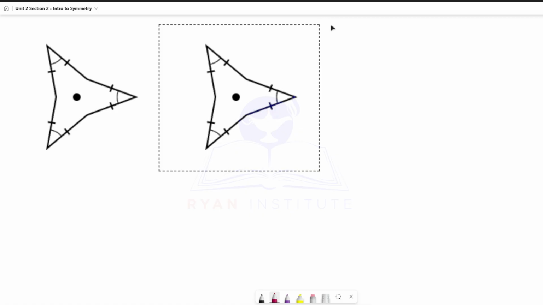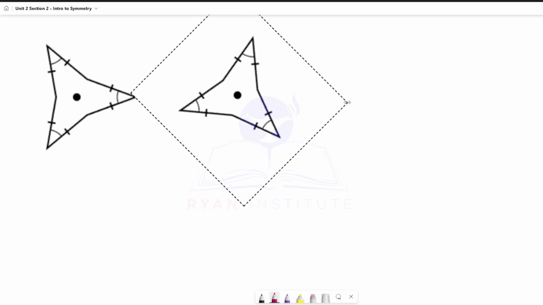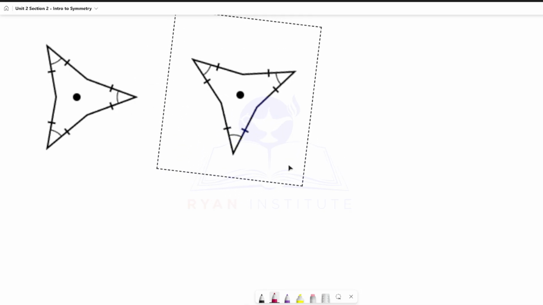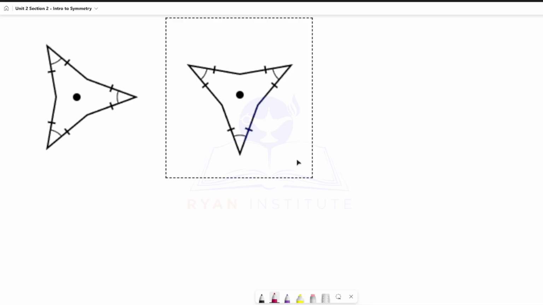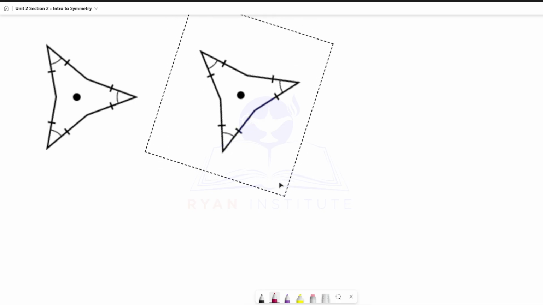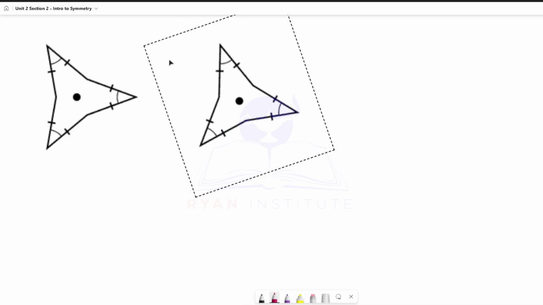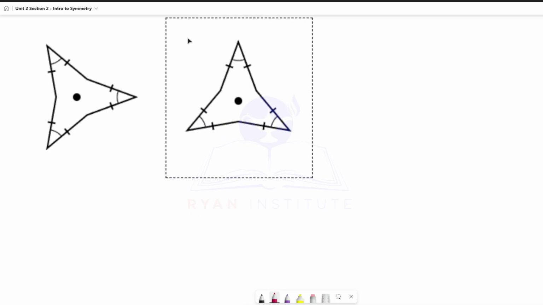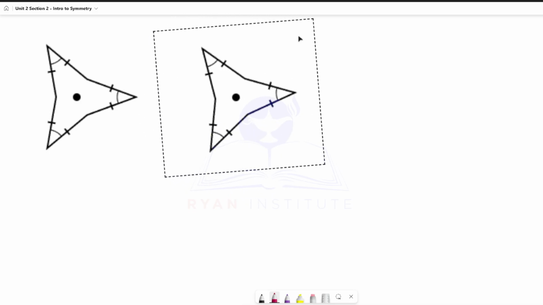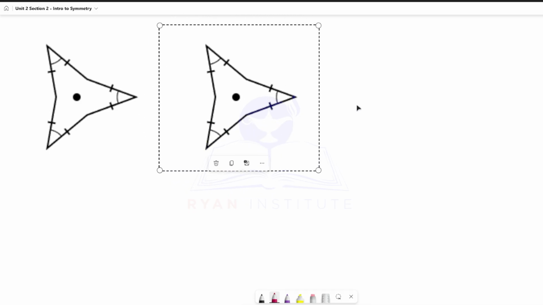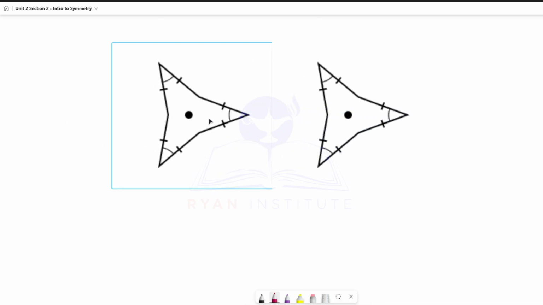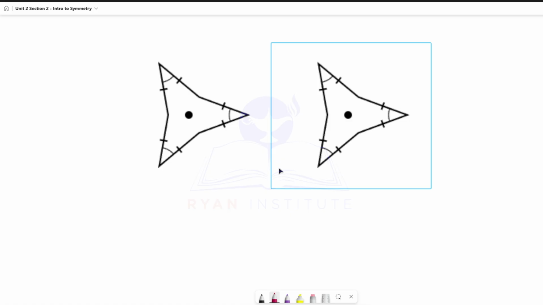So if I'm turning it 90 degrees, nope, turn it 180 degrees, turn it 270 degrees, and then back to 0 degrees. So there is no rotational symmetry for this shape.